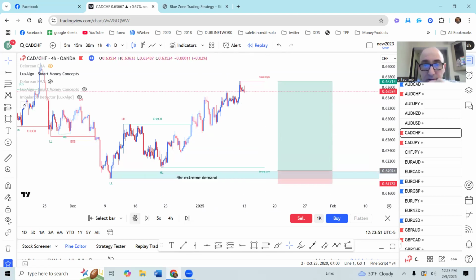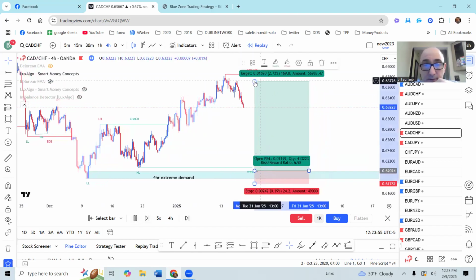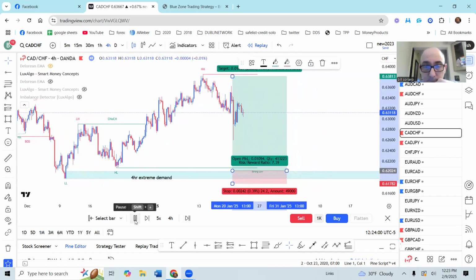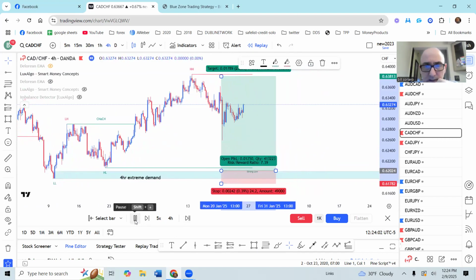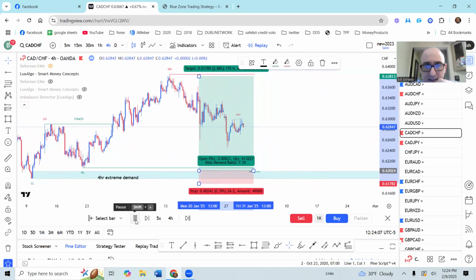Okay, so let me just show you how this works out here. It actually goes higher, so we'll make it a little bit higher. The price is now working its way back down.